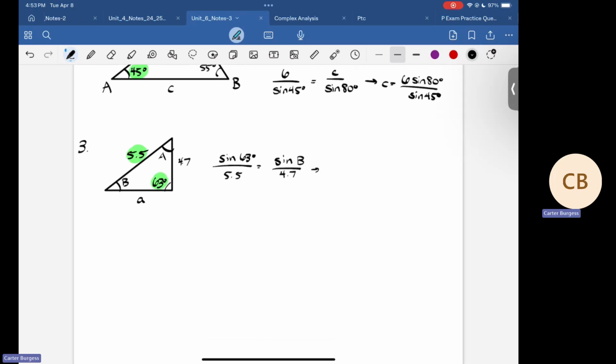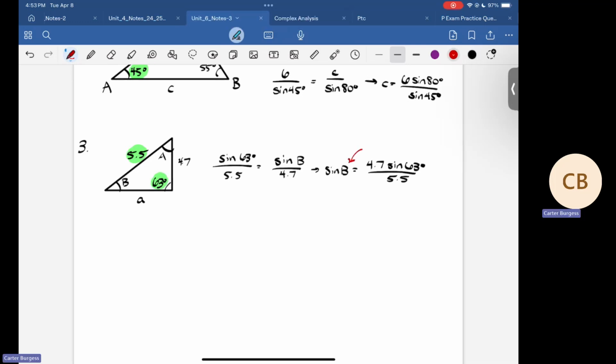Multiplying both sides by 4.7, I get that sine of B is equal to 4.7 times sine of 63 degrees over 5.5. Now here, we have 2 different possibilities.